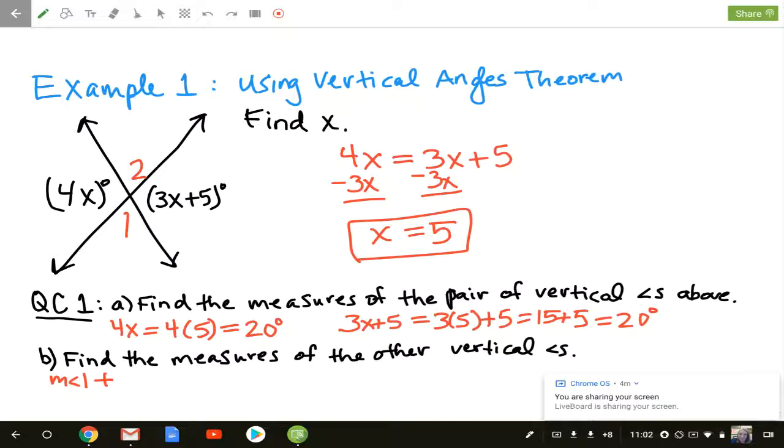So I'm going to add it to the angle that's labeled 4x. So the measure of angle 1 plus that 4x should equal 180 degrees. We said that 4x was 20, so the measure of angle 1 plus 20 equals 180. Now I can subtract 20 from both sides and I get the measure of angle 1 equals 160.